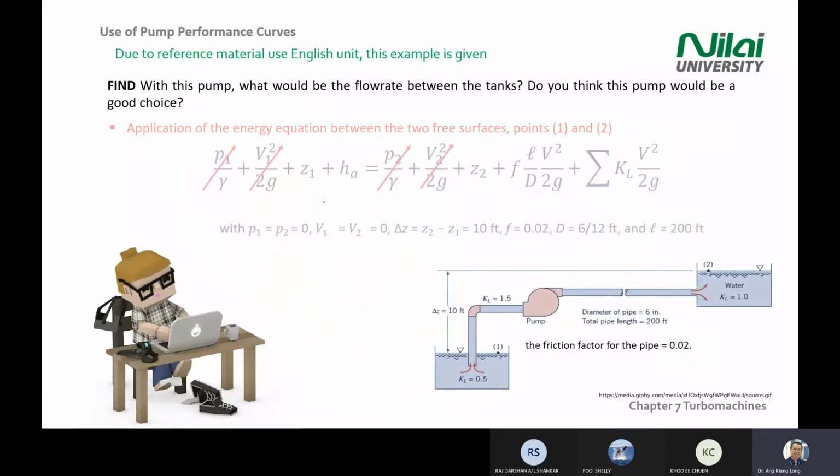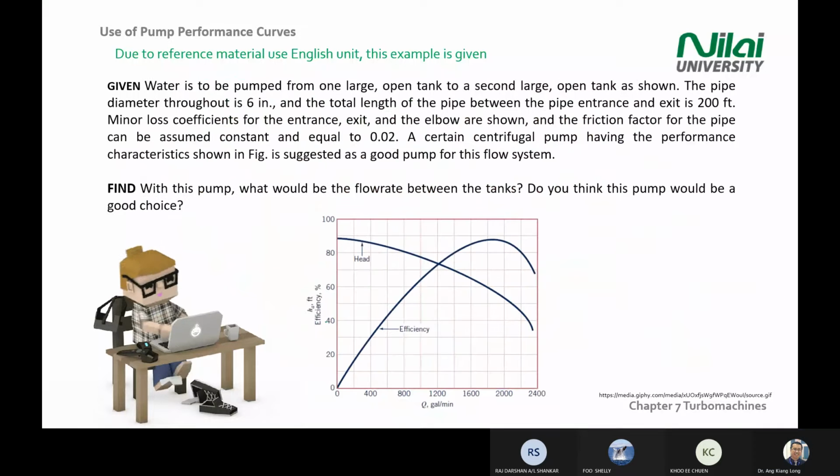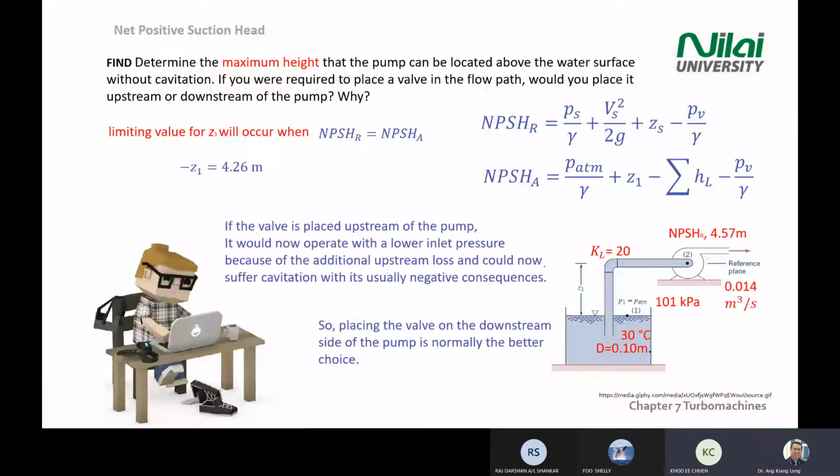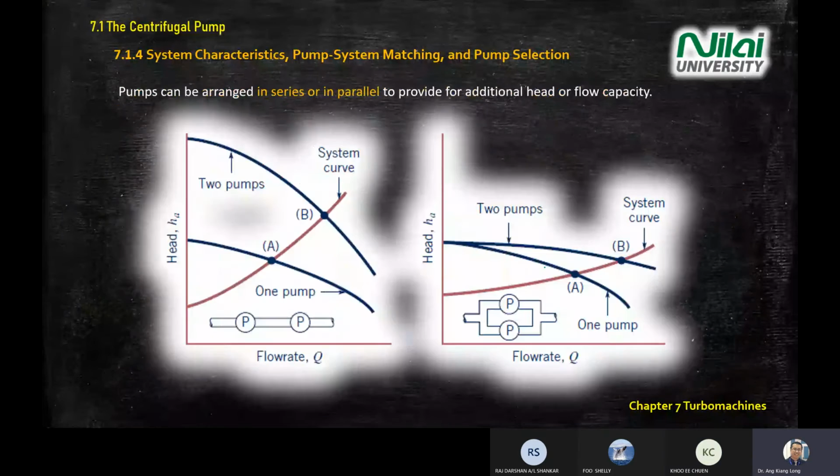You understand this graph or not? Look at this graph. What does this line mean? This is head or efficiency, this line? This one is head. Then this one is what? Efficiency.